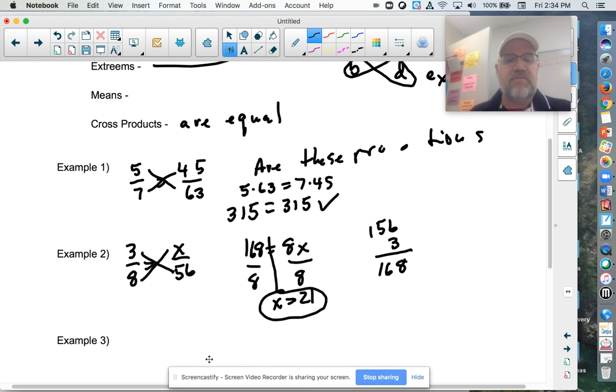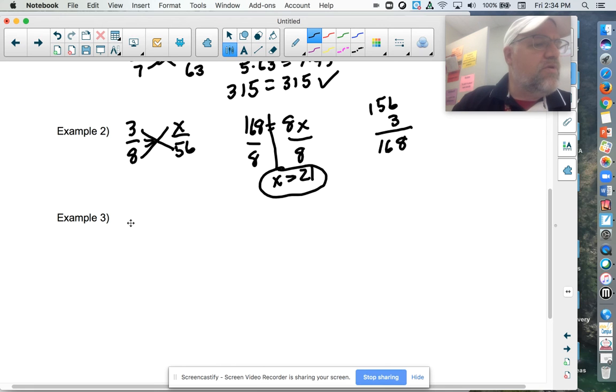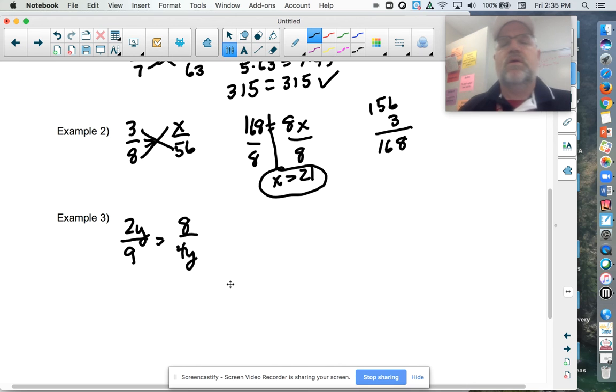It's okay to even have more than one unknown, and maybe not more than one unknown, but you'll see when I write up this example number 3. Example number 3, what happens if I have something that looks like this? What if I have 2y over 9? What if that equals 8 over 4y? Well, it's okay.